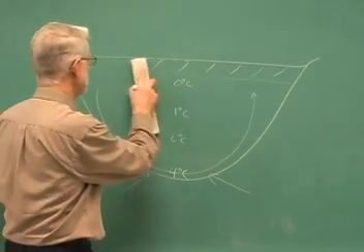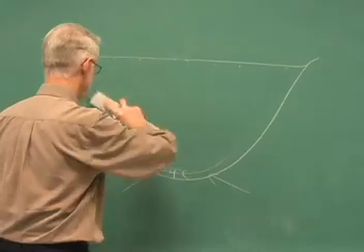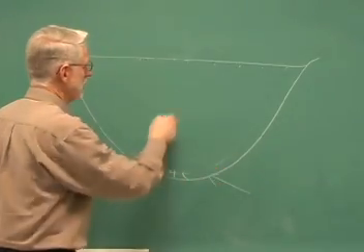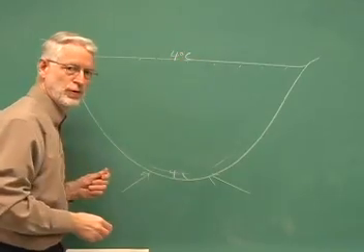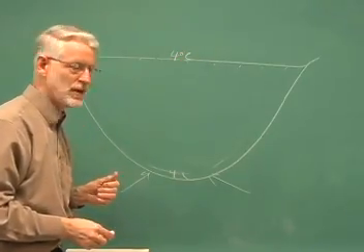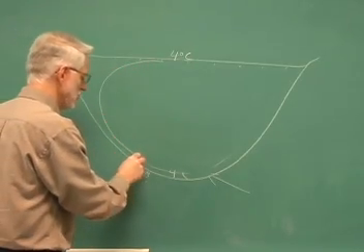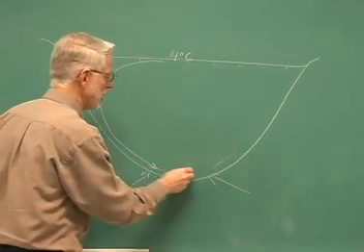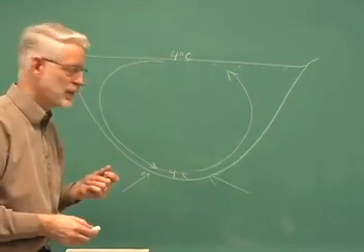So our ice disappears. And eventually the water will again warm up to 4 degrees Celsius. As it warms up, it again becomes more dense, goes down to the bottom, and displaces the water at the bottom.